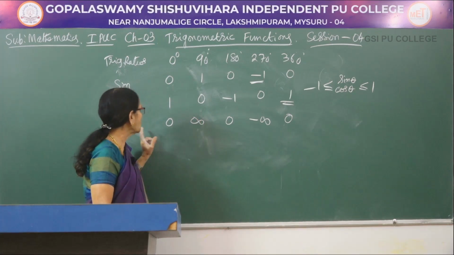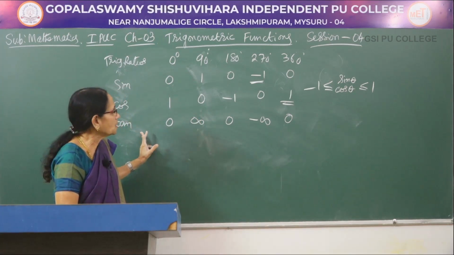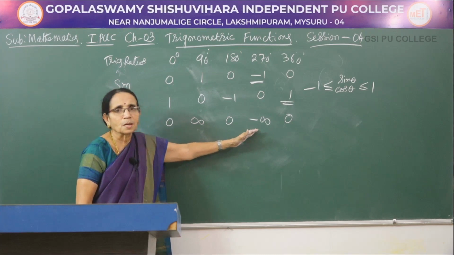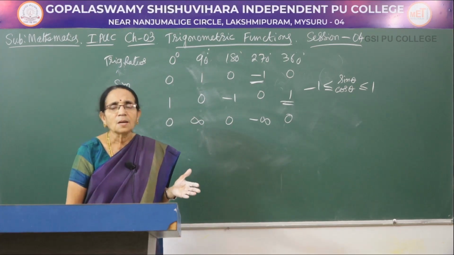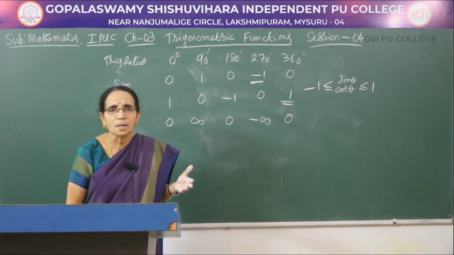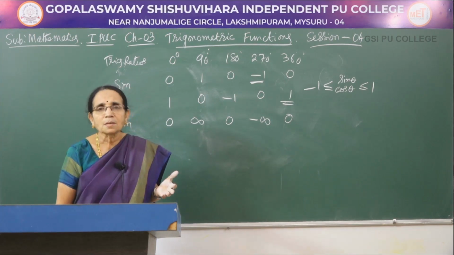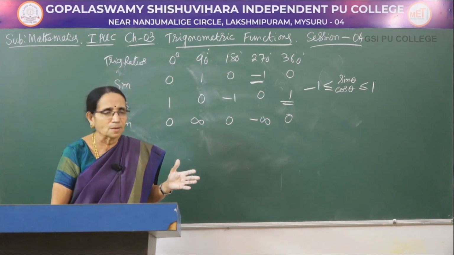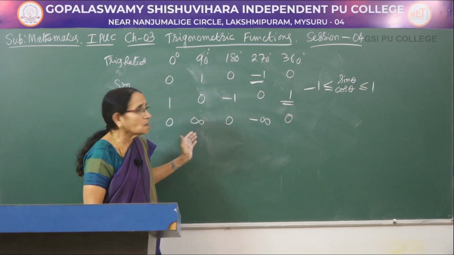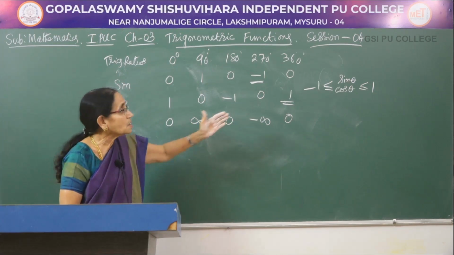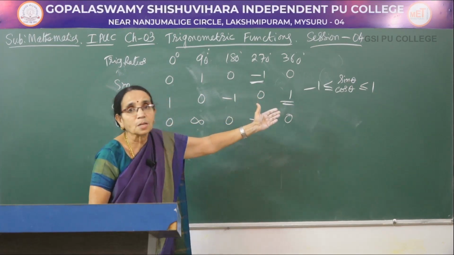Similarly, tan theta, you observe here, it is -infinity to any value. Suppose I say tan theta is equal to 199, it is a correct answer. Tan theta is equal to 2 crore, it is a correct answer, because you look at the range of this one. It is -infinity to +infinity, whereas the range for those two trigonometric functions is different.